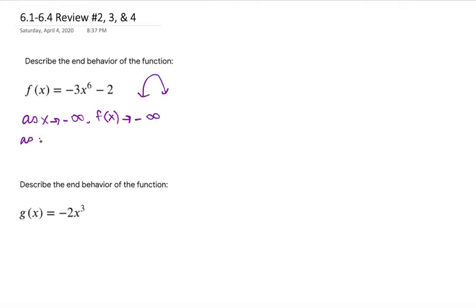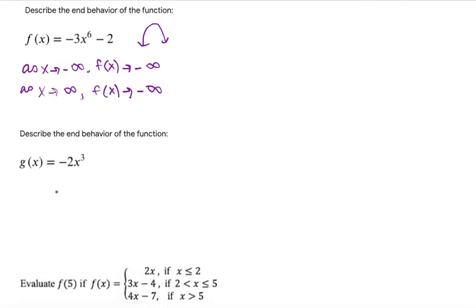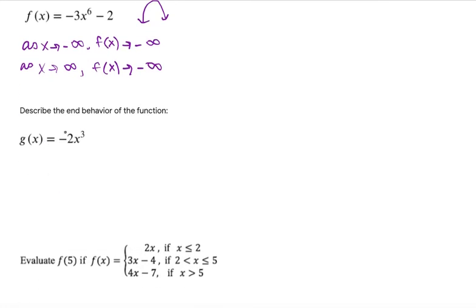And as x approaches positive infinity, f of x is again approaching negative infinity because they're both going down. So I would check these out because they're not going to necessarily be the exact same on the quiz. You might have a positive with an even. Who knows?